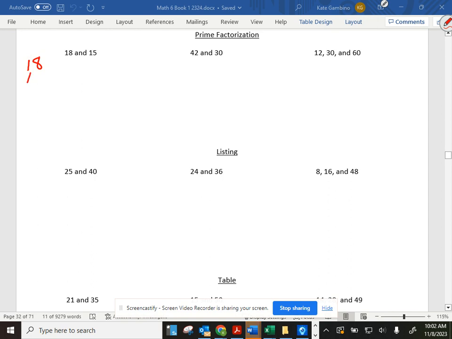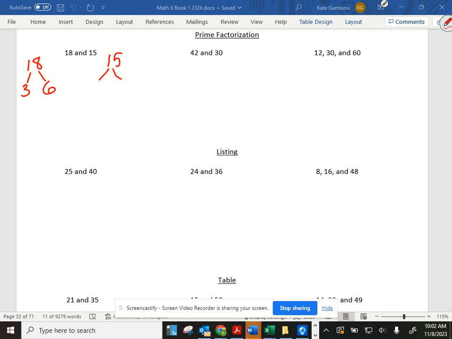So we have our 18 and we have our 15. What factor pair should I use for 18? Zelda. You can do either 6 and 3, or you can do 9 and 2. Which one do you want me to use, Zelda? 3 and 6. Okay, so like Zelda said, sometimes we have multiple factor pairs to pick from.